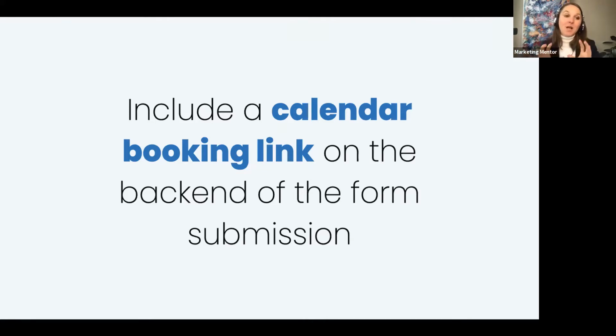There's lots of great services, Calendly, Acuity, where you can create a calendar booking link and you just put it in front of that hot lead right away and they automatically get booked on your calendar. You can set times that you're available, times that you're not available. You can sync it with your Outlook or Google Calendar so that there's no conflicts. This is a great way to allow hot leads to take the action they want without you having to do a lot of work.